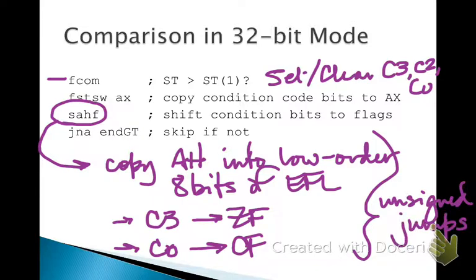So I'll be able to use unsigned conditional jumps and skip, in other words, based on this. And you say, oh my gosh, that seems like an awful lot of work. It is. And in 64-bit mode, which we're not going to go over right now, this instruction is not even available. But I have 2 additional comparison instructions that will directly set the flags in the flags register.